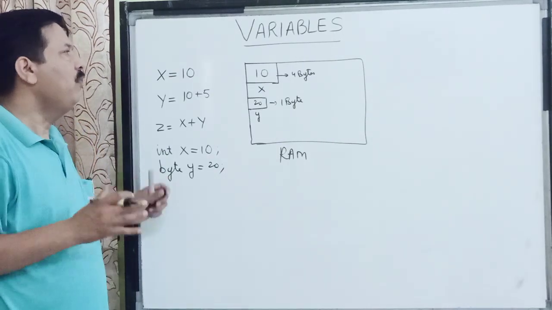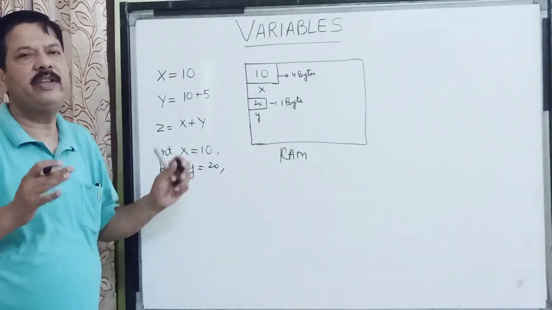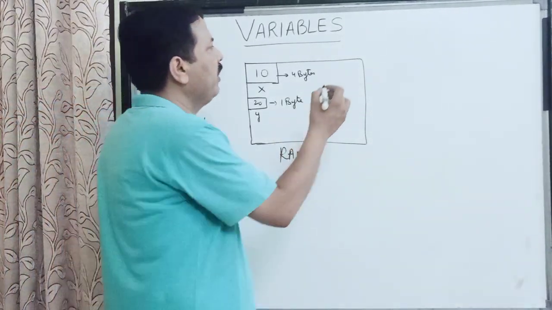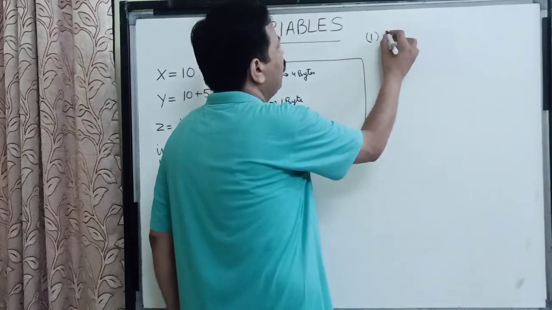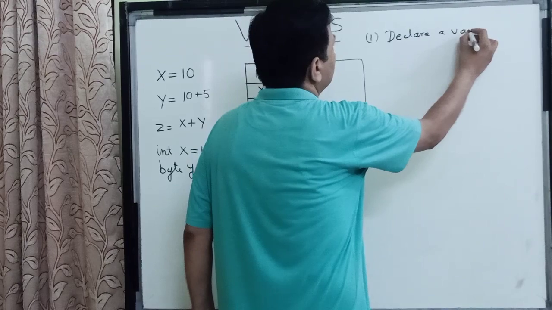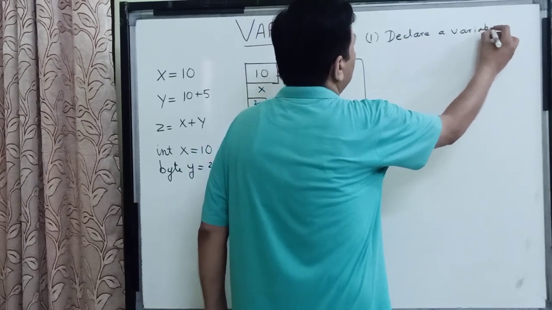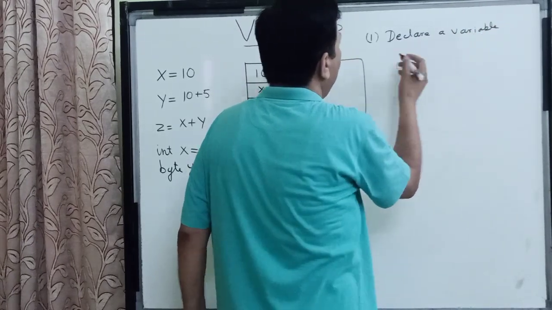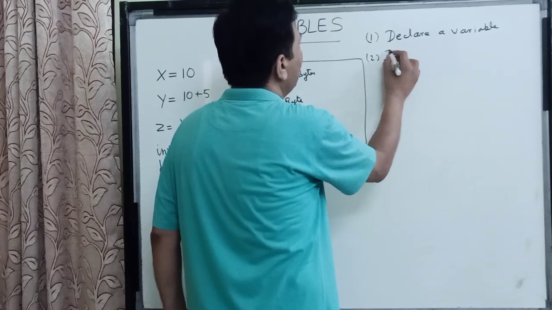So children, when we are using variables in Java, we have to do two things. First, we have to declare a variable, which we call declaration, and the next is we initialize a variable.